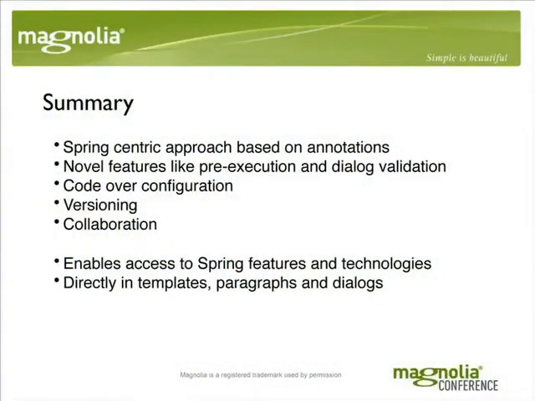So the flow might have 4 or 5 steps on one page, then it skips to another page where there's editorial content for this. So, in summary, Blossom takes a Spring-centric approach based on annotations. It gives you some novel features like pre-execution and dialog validation. It takes a code over configuration approach, which might be a personal preference, which one you prefer.